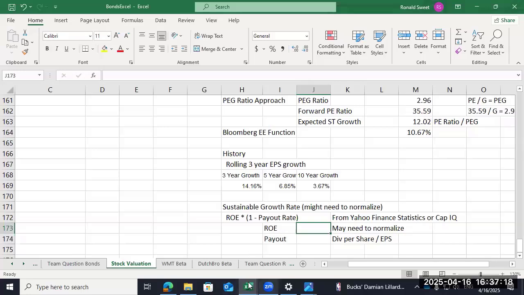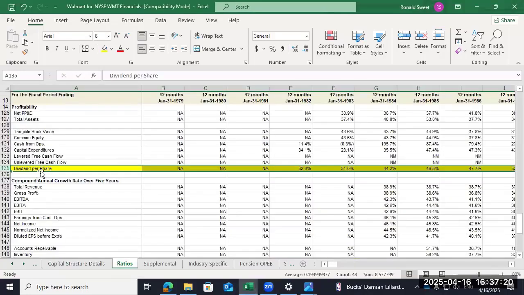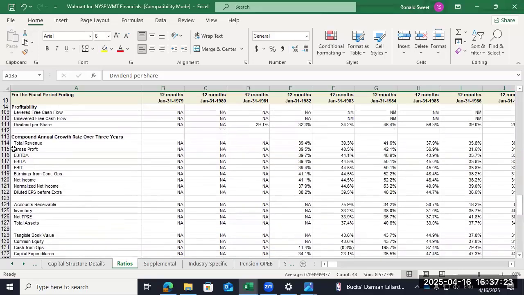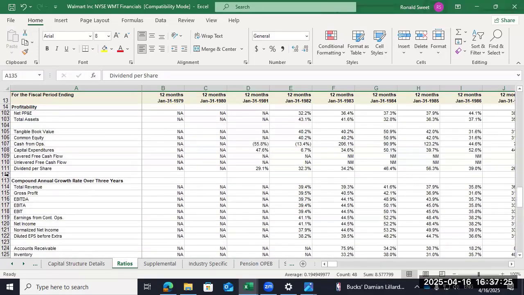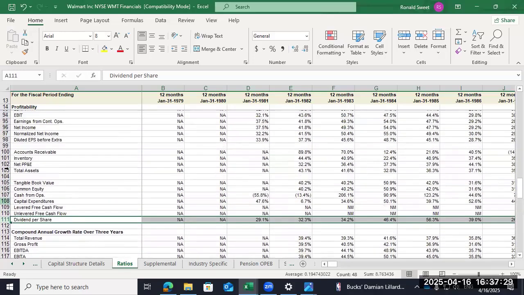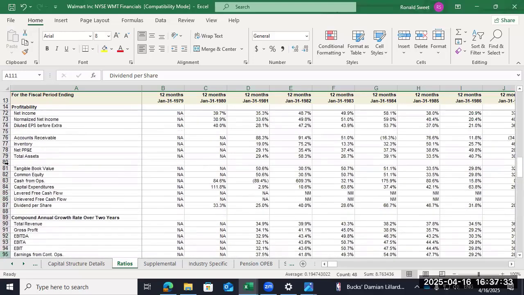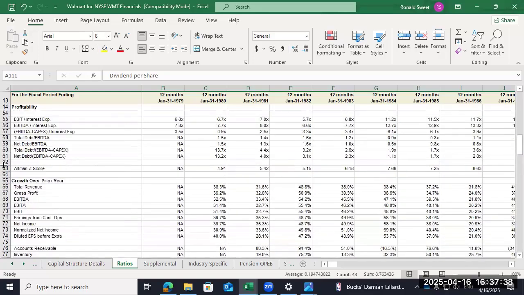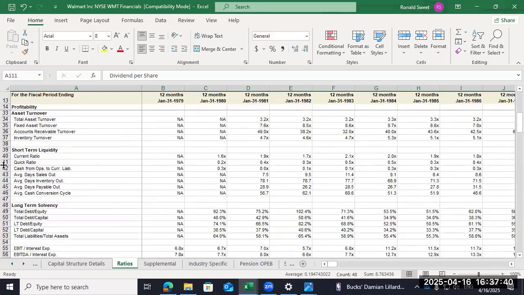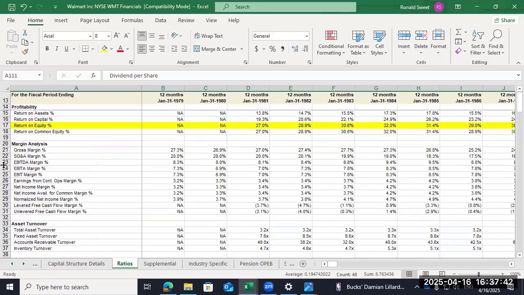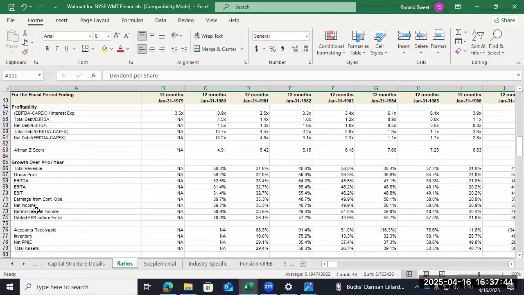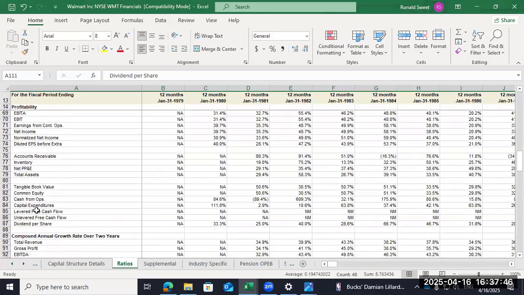So we can get this from here. There's our dividends per share. There it is again. Earnings per share. Yeah, they have so many different ones that they're doing.